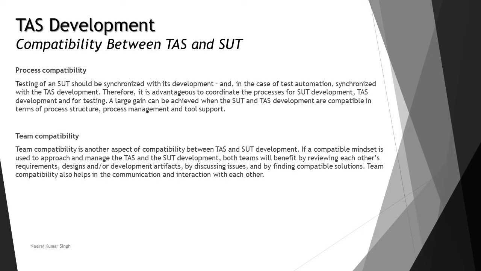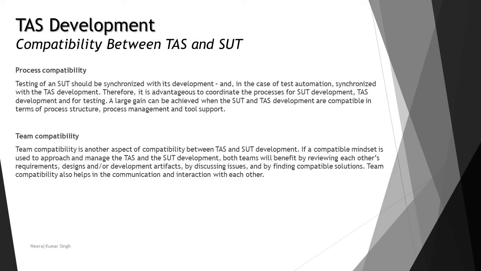Of course, if the process is different, then something will be lacking in making sure the TAS is suitable for the SUT, or the other way around, that the SUT is covered as a part of the TAS. So compatibility in terms of process becomes really important, especially in the preparation of the setup, the configuration, the requirements, and many other things required to meet the SUT criteria.